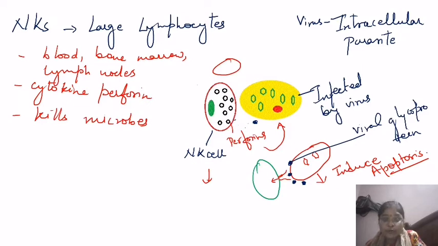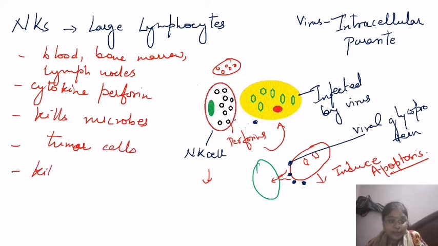This perforin will cause the lysis of the wall of the bacterial cell also, and that's how it will kill that bacteria. It also kills your tumor cells, and it kills virus infected cells.